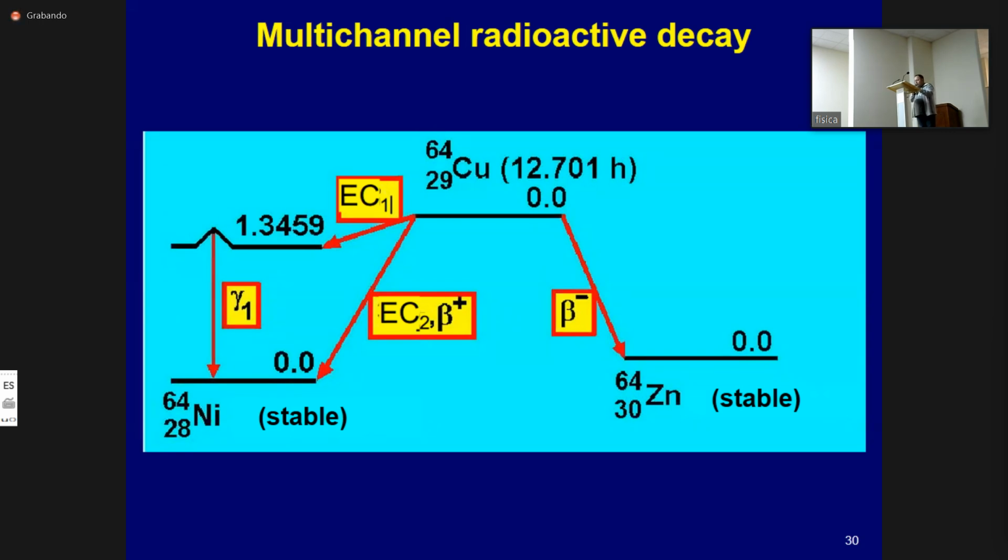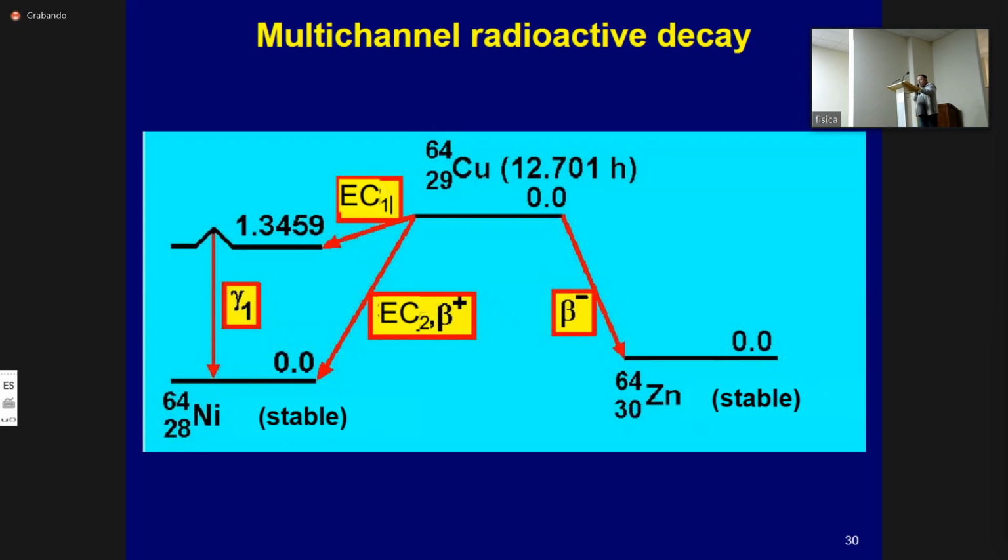In 37.2% of the cases, it can become stable zinc-64 through beta minus decay. In 44.9% of the cases, it can go into stable nickel-64 through electron capture. And in another 17.9% of the cases, it can also go into stable nickel-64 through beta plus decay.